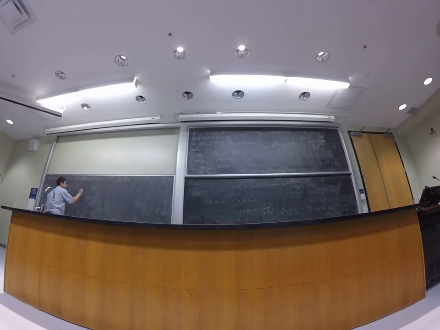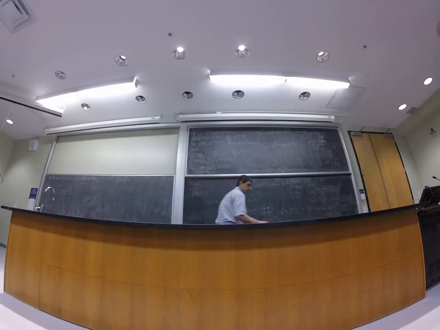So u changes at time t naught by delta u. Let's say y is down below. Here is the time axis. For y, you just simply add y naught.